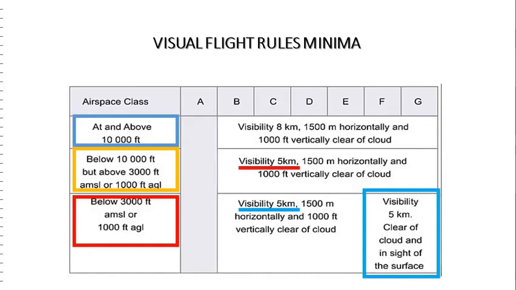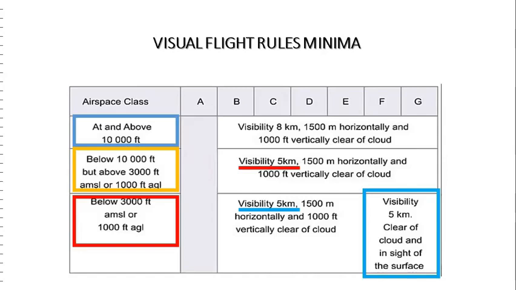So at and above 10,000 feet, from B to G, the visibility is 8 kilometers, and 1,500 meters horizontally you should be away from the cloud, and 1,000 feet vertically clear of cloud.